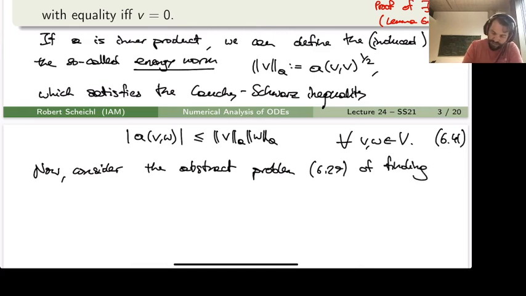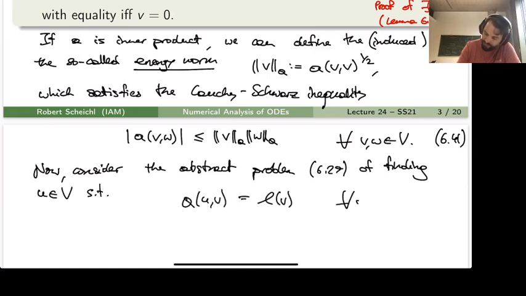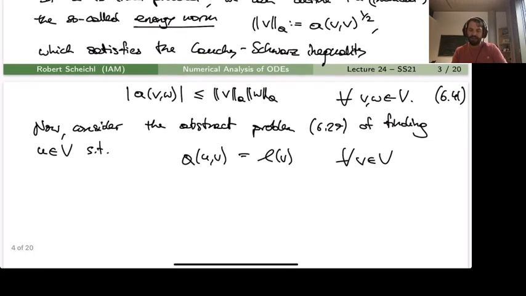So we want to find U in the space V, such that A(U,V) equals L(V) for all V in V. But we're not specifying what A and L are, apart from that A is an inner product.